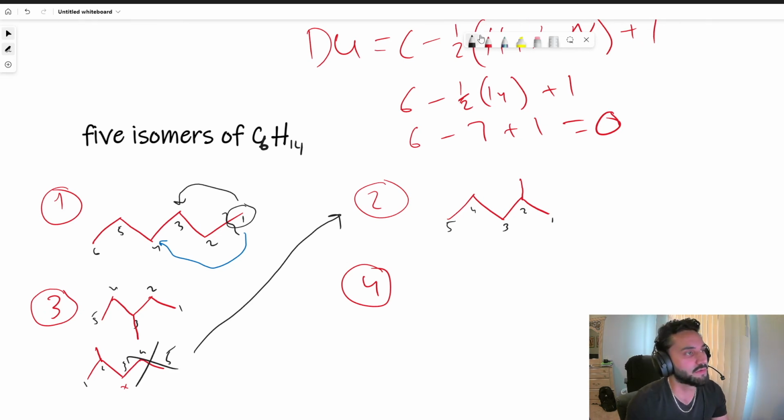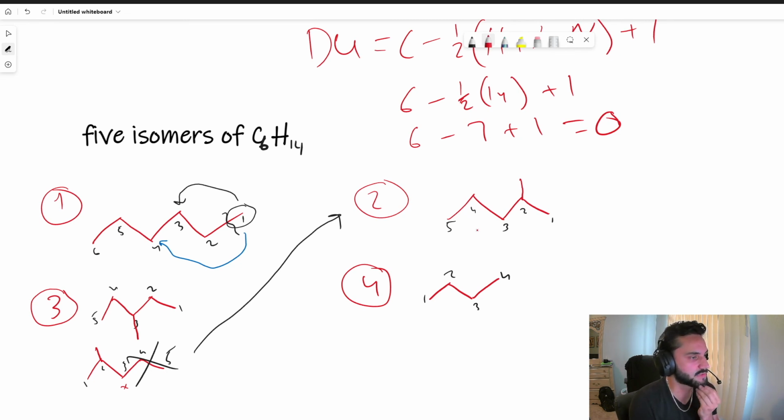Now, I think it's a good time to move 2 carbons around. So let me just draw. If I were to move 2 carbons around, the chain would decrease from 5 length to 4 length, right? So let's do that. 1, 2, 3, 4. So let me number these actually. 1, 2, 3, 4.